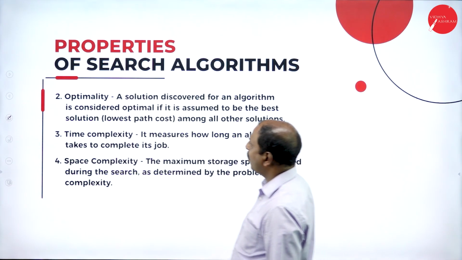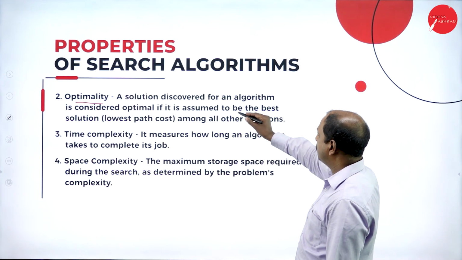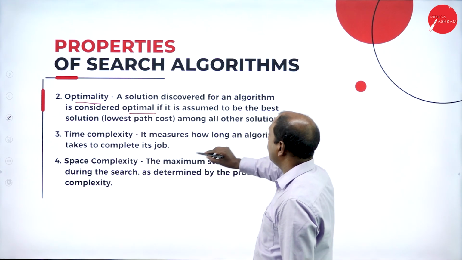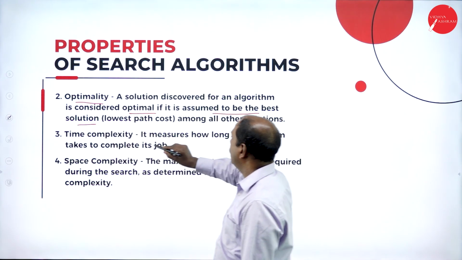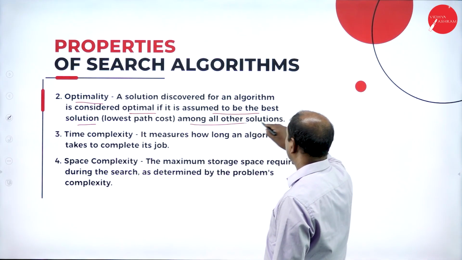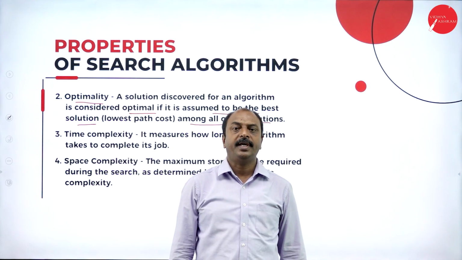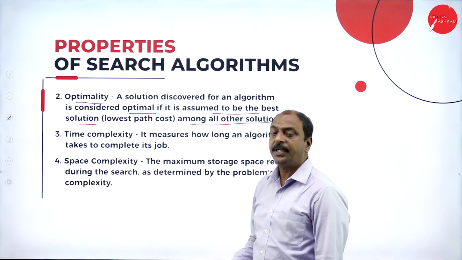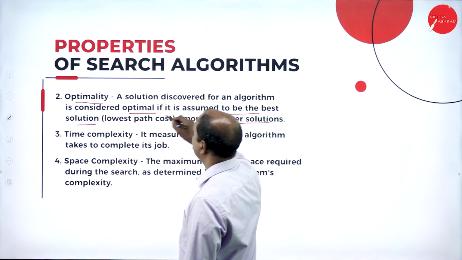Second factor is optimality. A solution discovered by an algorithm is optimal if it is assumed to be the best solution, with the lowest path cost among all the other solutions. As we know, an AI agent will have a number of solutions or predefined models, and based on that we have to select the best solution.